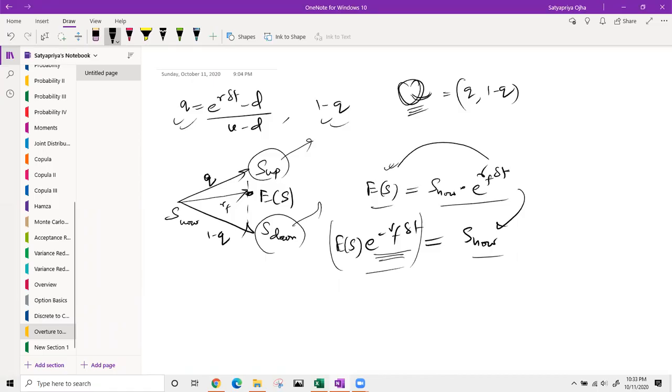I have just taken this to the other side. Basically, I'm just rearranging, nothing magic. It is very simple, guys.